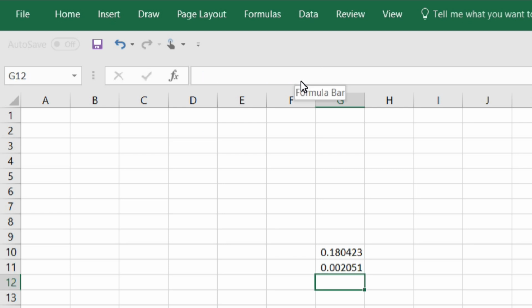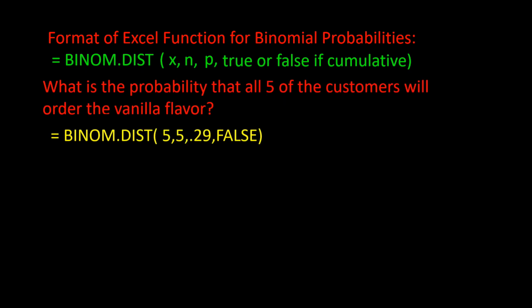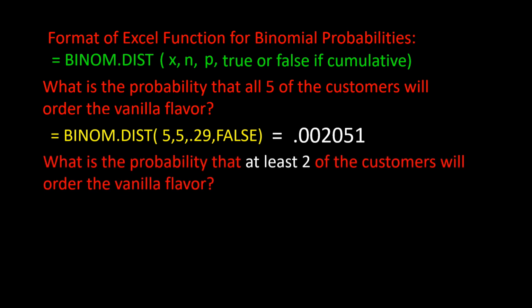Hit return and we get 0.002051. So the probability that all 5 of the customers will order vanilla flavor is 0.002051.